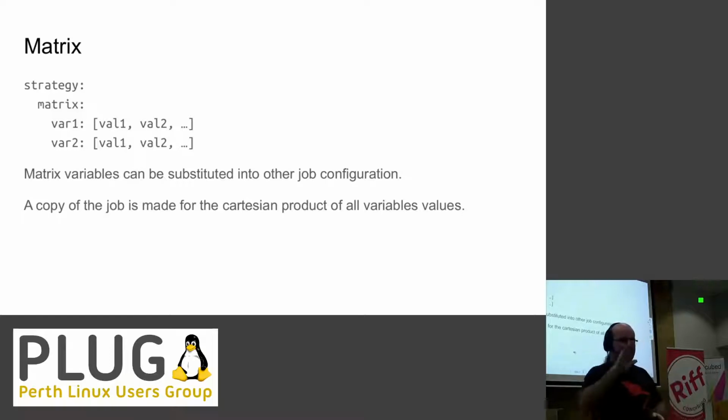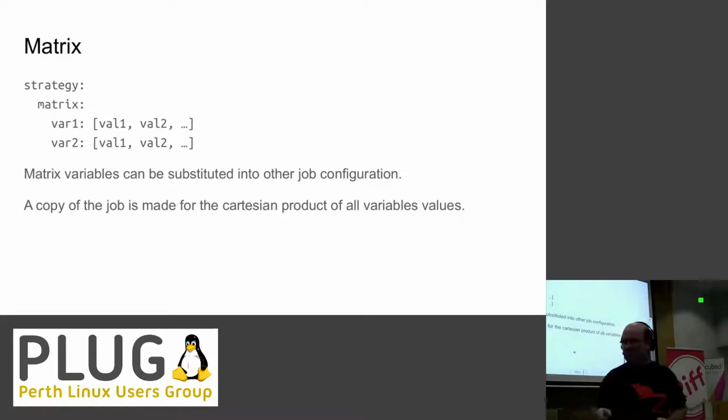One of the other keys which I didn't show in that previous thing was the matrix option. In this case, you can stick the strategy section inside a job, and inside the matrix, you can define any number of keys, and then any number of values for those keys, and then your job will be duplicated once for the Cartesian product of those keys.